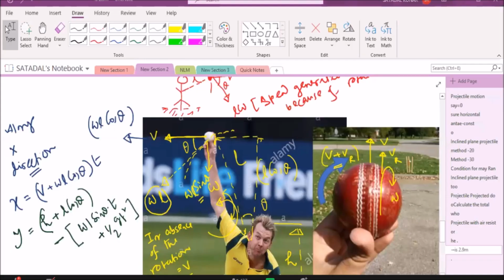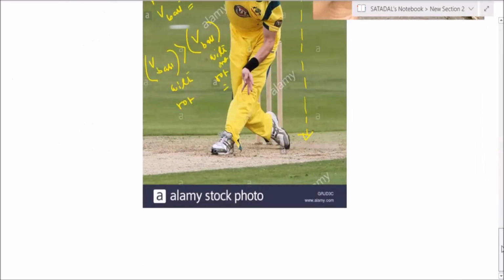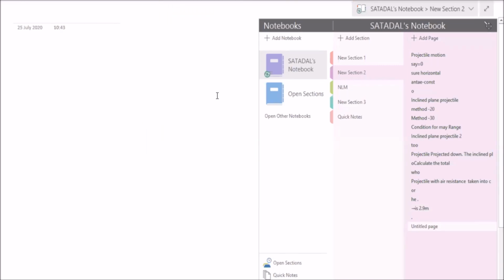Right. Okay. So let us go on to the next page. So this question is over. So I will add a page. Hang on for a second.